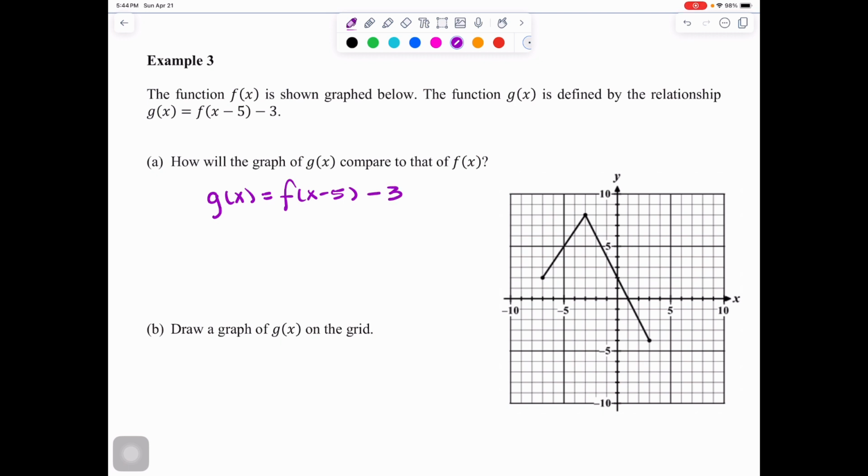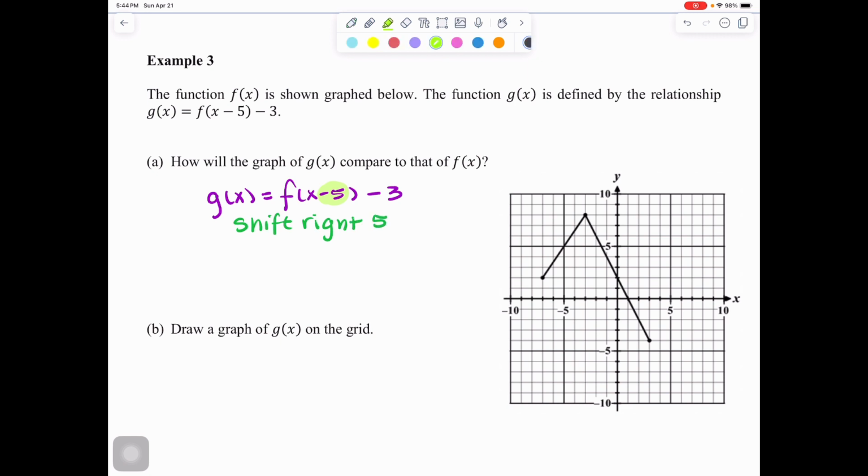So let's talk inside and outside. On the inside, I see I'm subtracting 5. So remember, anything on the inside happens the opposite of what your gut would tell you. So that means we're actually going to the right 5. So this is a shift right 5.